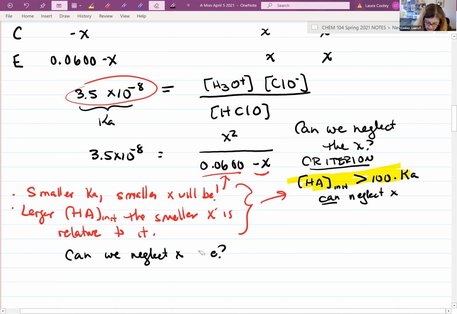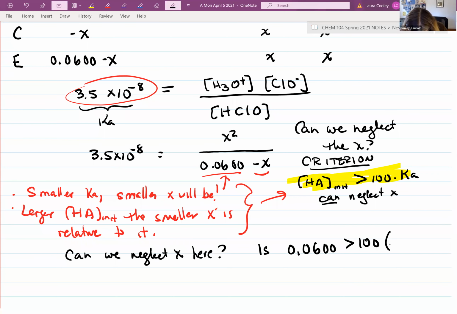Okay, and what we have here is, is 0.0600 greater than 100 times, hold on. Someone says, I think so, yes. And I'll tell you why, you are right.